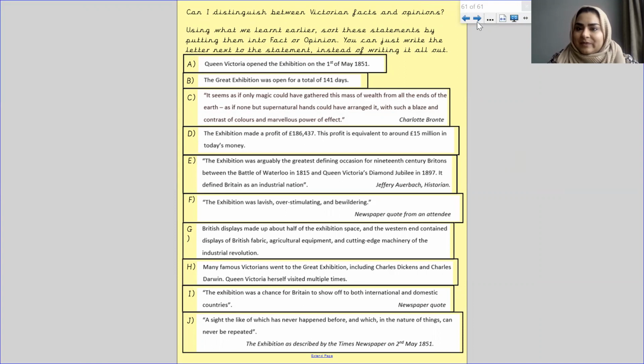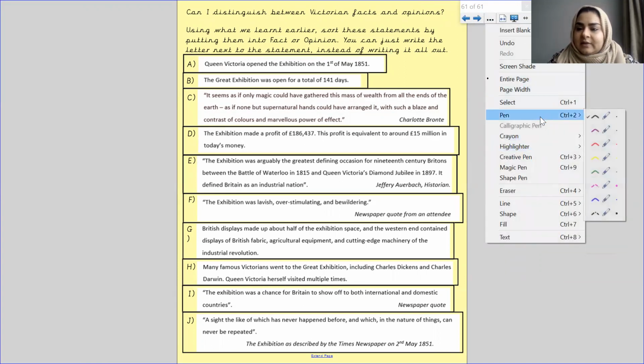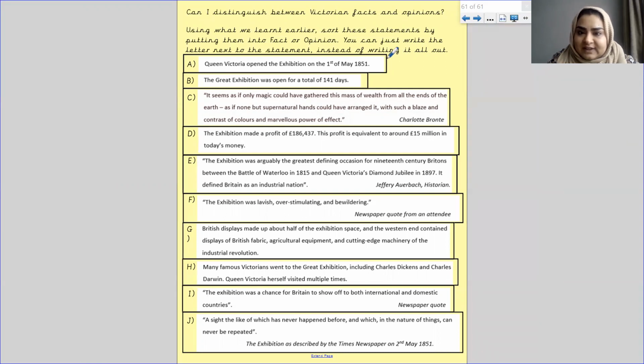That is a fact, and the reason that is a fact is because it's given a date, okay? So on your piece of paper, you are going to write A underneath fact, okay?